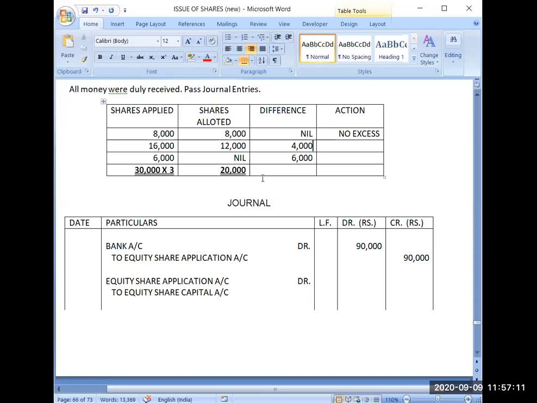So, because 4,000 shares I have not issued them, how much money am I having extra? 4,000 multiplied by 3. Yes, please. 12,000. Yes, very good.